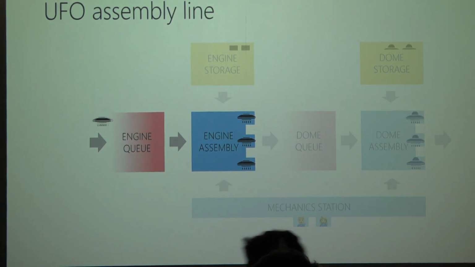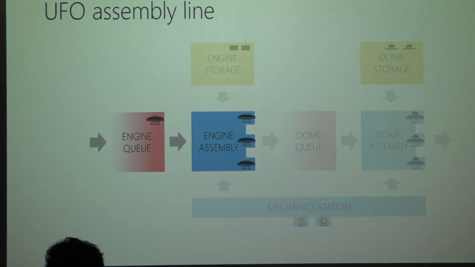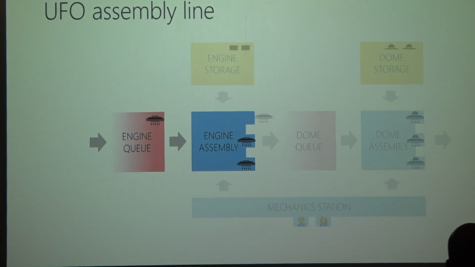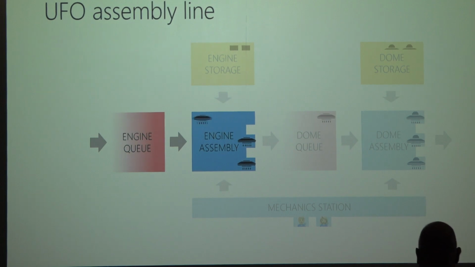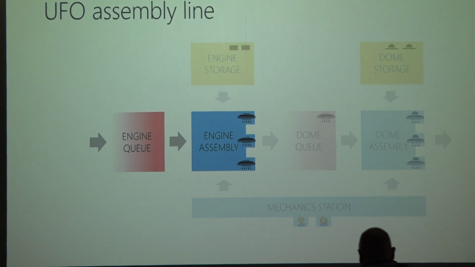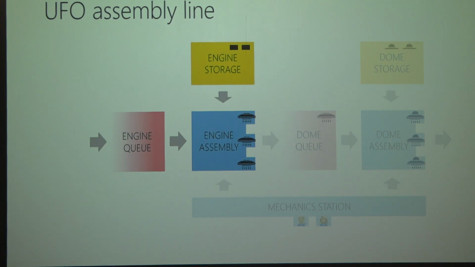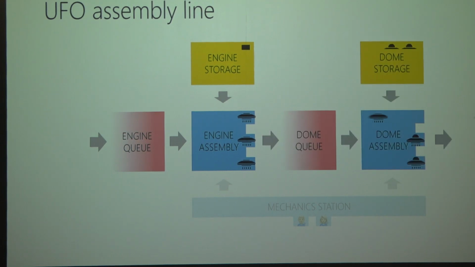So sometimes the UFO has to queue up. After this, when there's a spot free, the UFO enters the service station, and we need to get an engine from the storage, which will then be put in place. It's a similar situation with the dome. It just queues up for the next one.